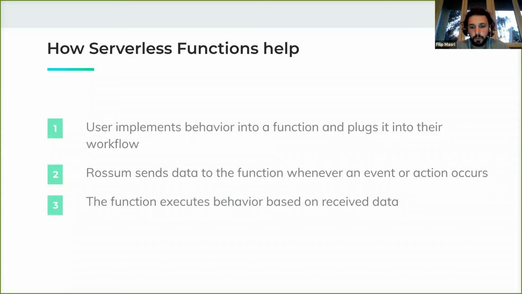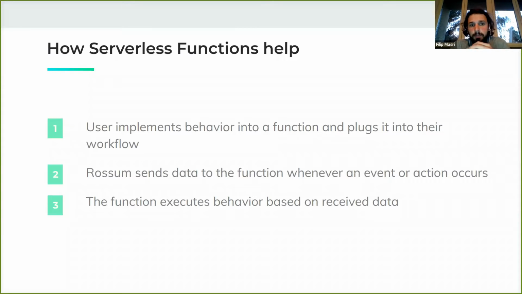And in order to meet the needs, we've come up with something which is called serverless functions. How it basically works is that you can implement your own function in code, and you can easily plug it into your workflow.